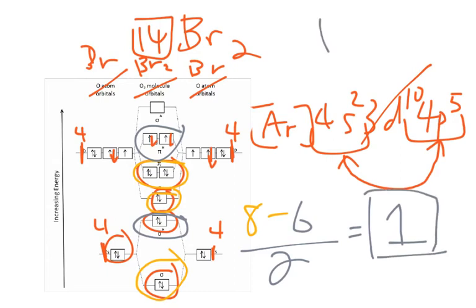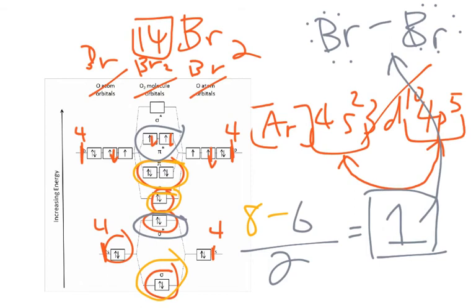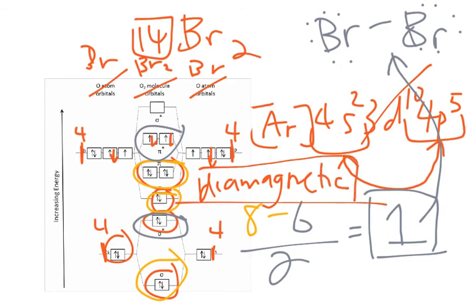Now this predicts the single bond between two bromines, and look at that, it works. So it won't always work, but for this case, it actually worked. So is this paramagnetic or diamagnetic? Well, I think this is going to be diamagnetic, since there are no unpaired electrons.